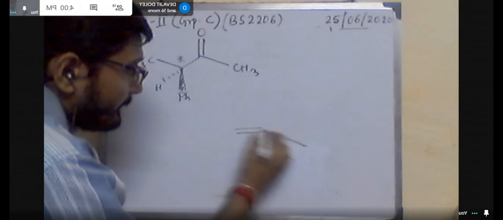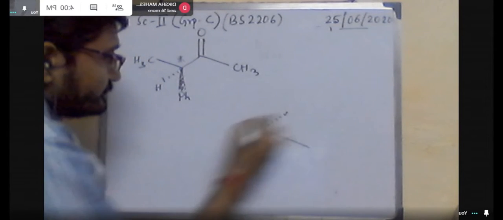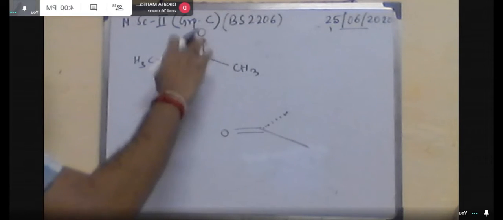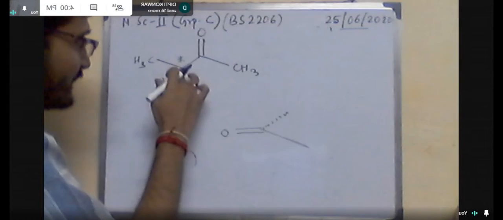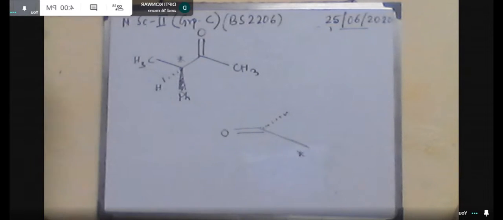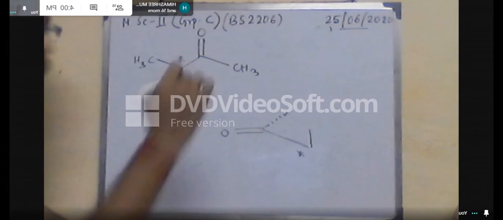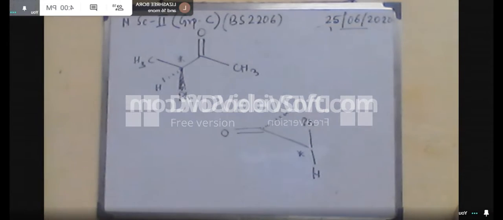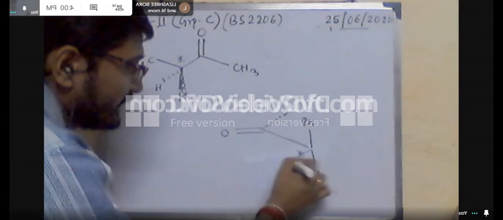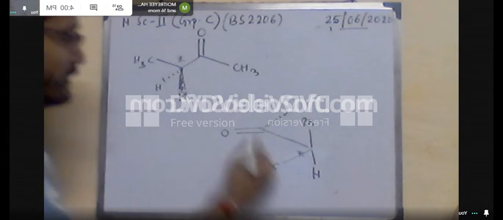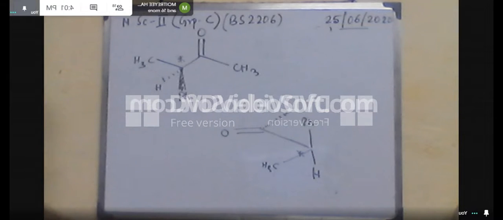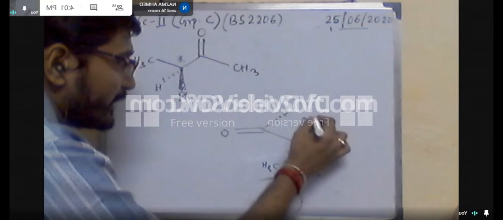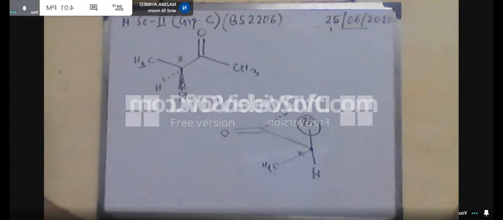So here you can see the asymmetry, that the bulkiness is not equal. If the bulkiness is not equal, that means both environments are not the same. So one face is accessible, another face is inaccessible or less accessible. Now here we are using a metal hydride as the reducing agent, and we know the nucleophile H minus will attack the carbonyl carbon, and you can see the size of the hydrogen is very small.